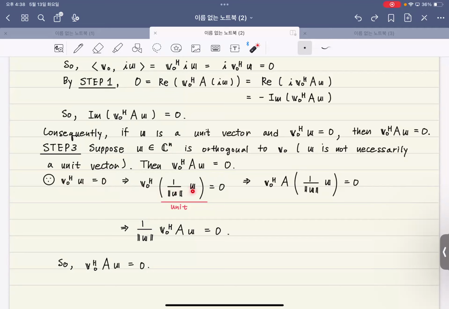Then I normalize this vector. Since this is 0, this vector is also orthogonal to v0. Therefore, because of the previous consequence, v0 Hermitian times A times this unit vector also must be 0. Sending the normalization factor to the other side, I have this. So therefore, this also must be 0.